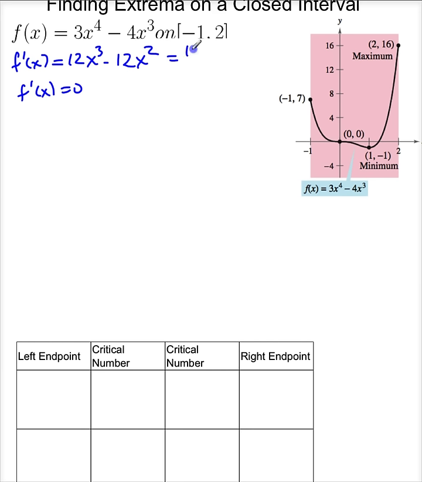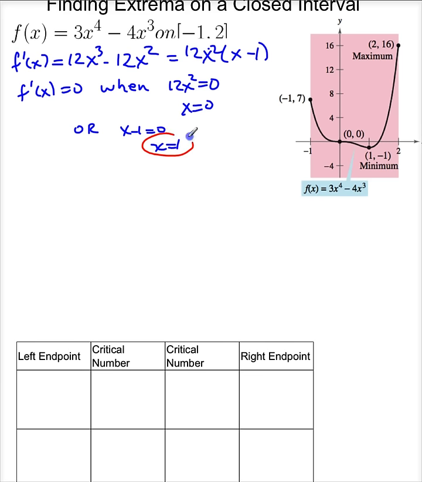I'm going to factor this, pulling out the x squared because it's easier to see: 12x squared times (x minus 1). f prime of x equals 0 when 12x squared equals 0, or x equals 0, or when x minus 1 equals 0, or x equals 1. So I've found my two critical points.